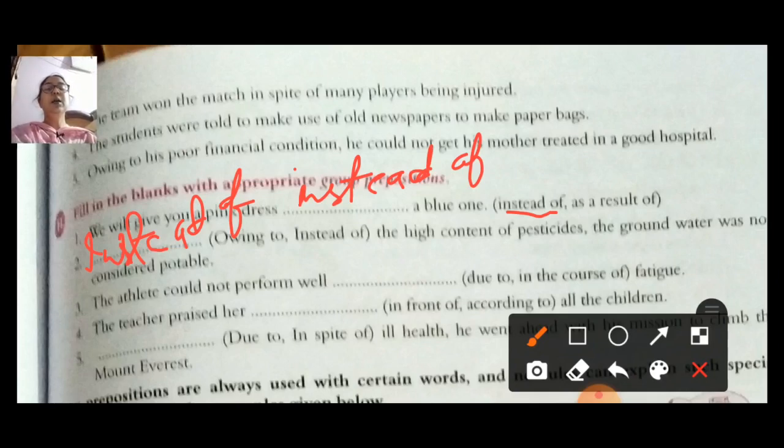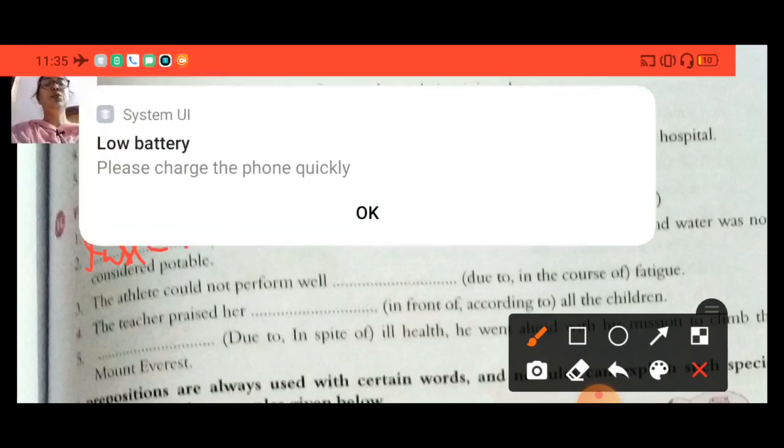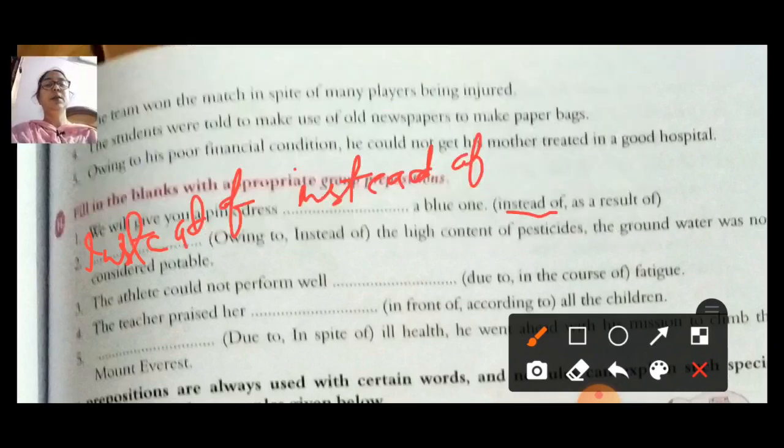Now in third, the athlete could not perform well dash fatigue. Now here, due to fatigue.